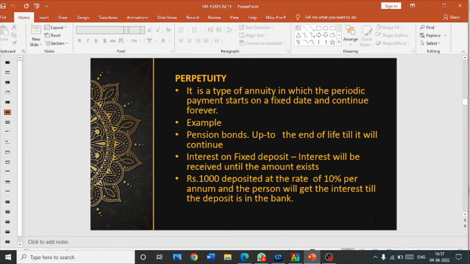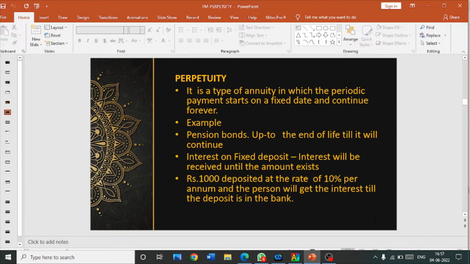Then what is perpetuity? It is also like an annuity. The same periodic payments, but here the payments start on a fixed date and continue forever. What are the conditions for the perpetuity?